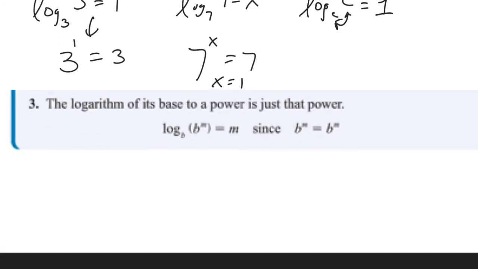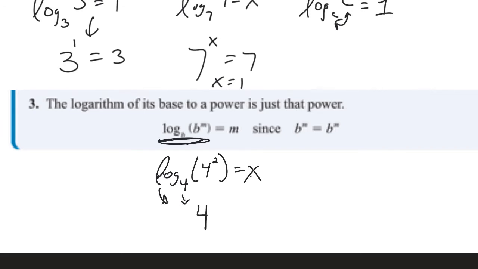Number 3, the log of its base to a power is just the power. This is a little bit different from the one before. If I have log base 4 of 4 squared, and I want to write this as an exponential, the 4 becomes big, the x comes over here, and my 4 squared goes on the other side. The only way for these to be equal is for their exponents to be equal, so this must be 2.